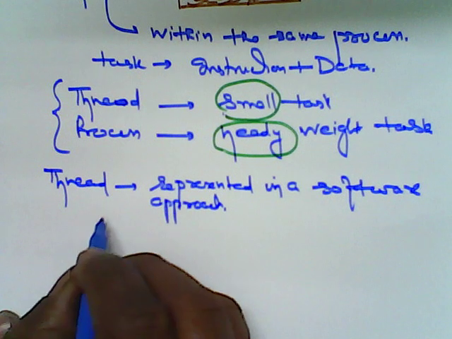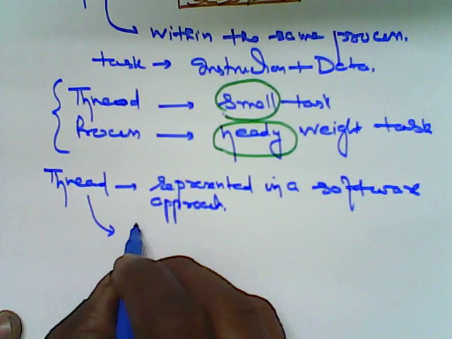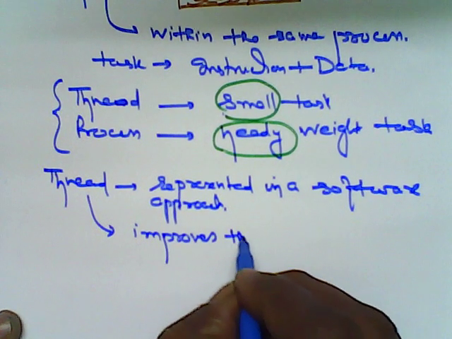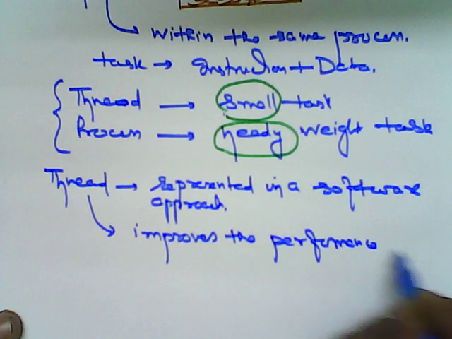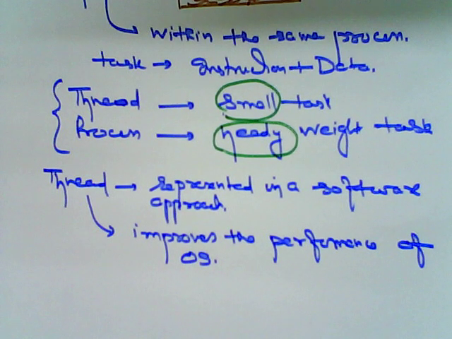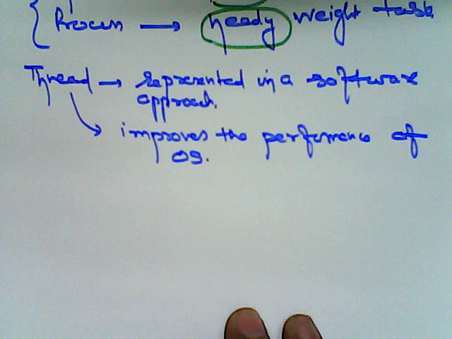And as for usage, if we use the thread, what happens? It improves the performance of operating systems. That you keep in your mind, that it improves the performance of the operating systems.